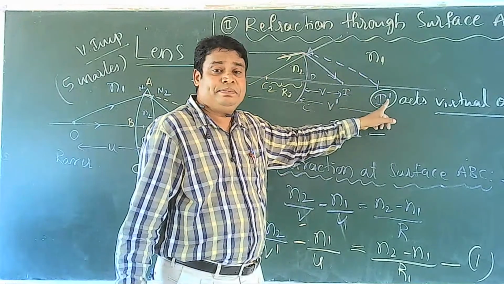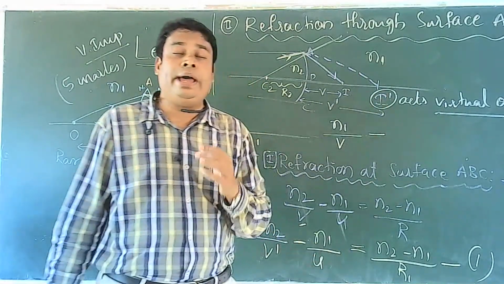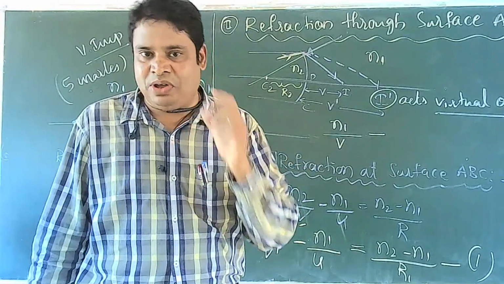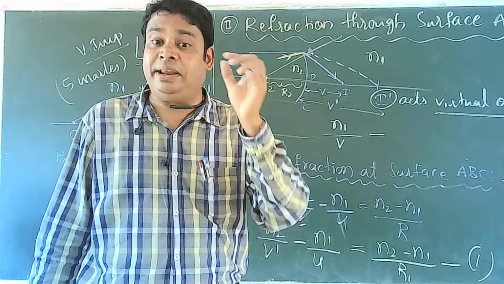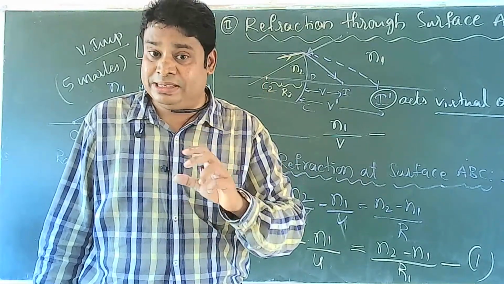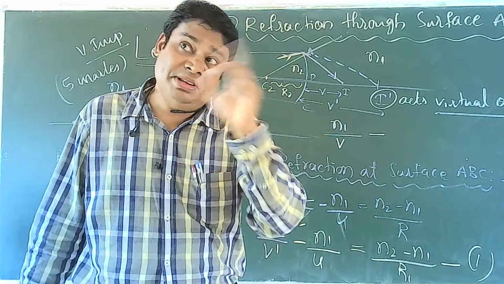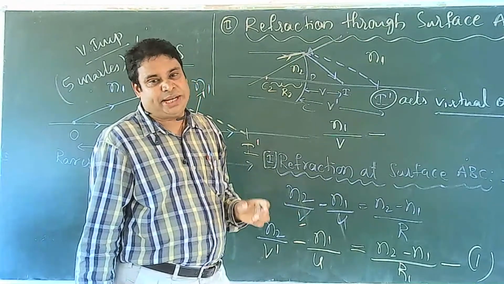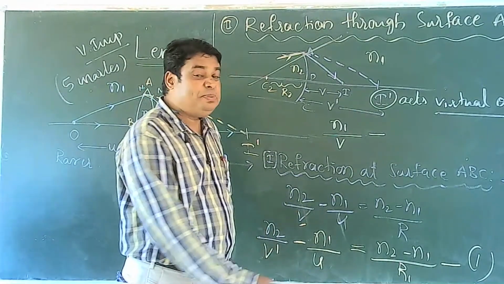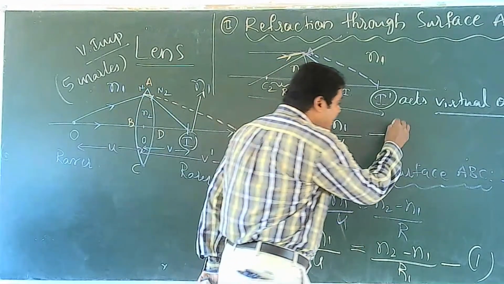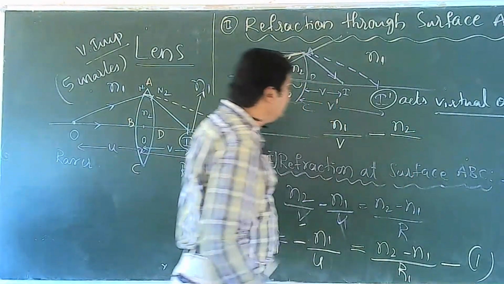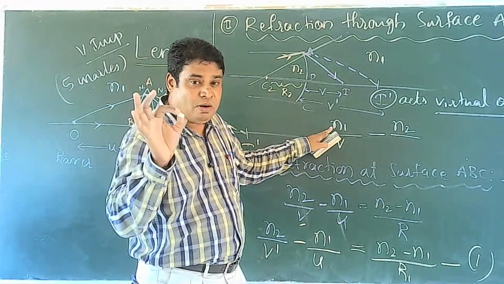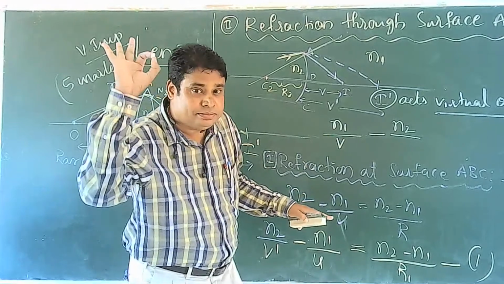We just spaced it and shown I dash, as in the absence of the second surface your ray would have traveled this distance and your image would have formed here. But there is a second surface. Hence, your image will form inside the lens, and this image acts as a virtual object. So the object space will be here. This is the image space. The final image is formed in the rarer medium.